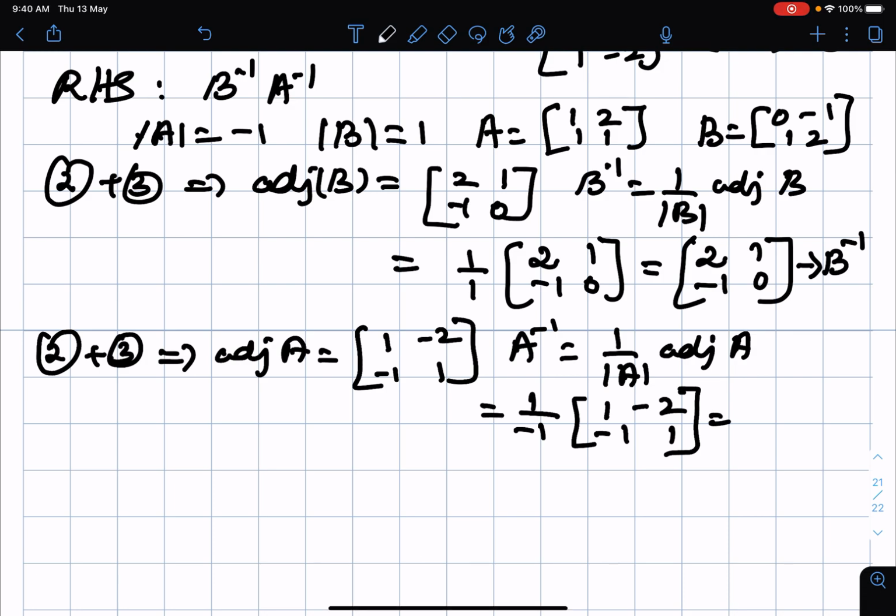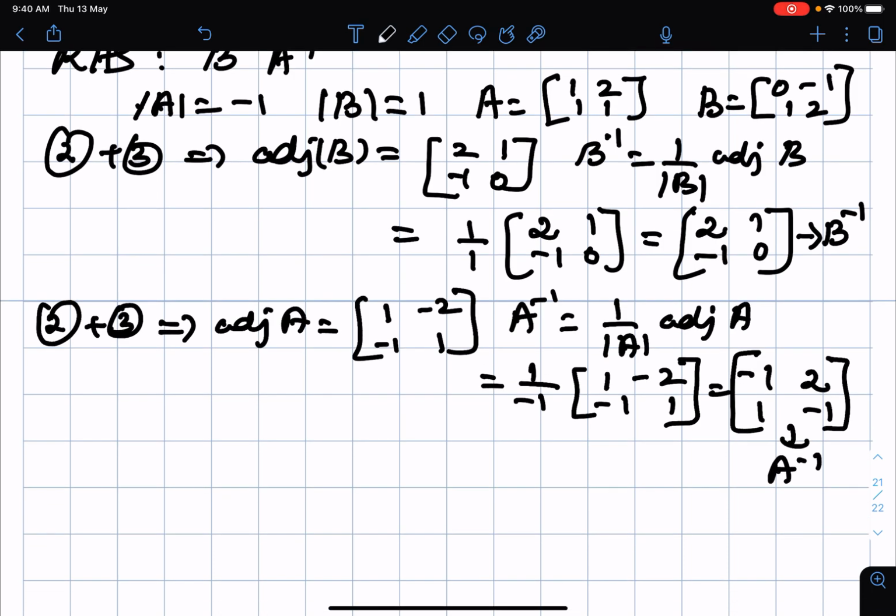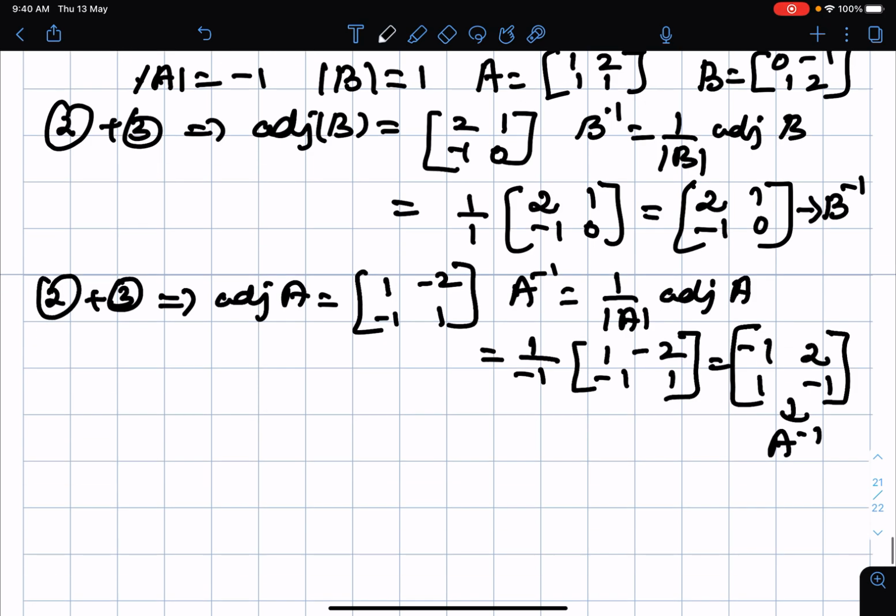So it is going to be minus 1 2 1 minus 1. This is going to be your A inverse. Now you have to find out B inverse into A inverse, isn't it?